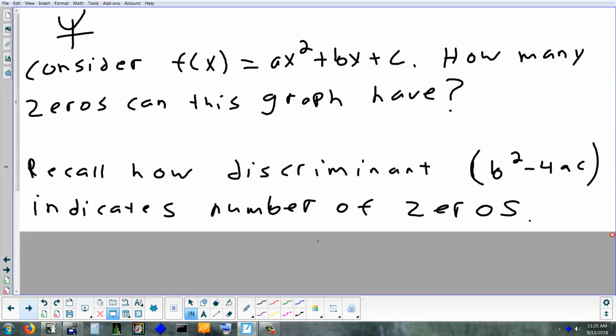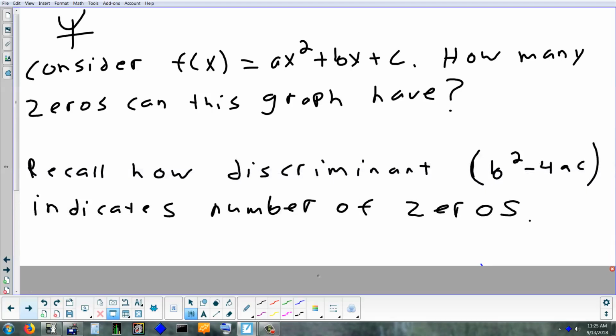Okay, so we talked about how the discriminant, that's the thing under the square root, the b squared minus 4ac, can tell you how many roots you have. Remember, if the discriminant came out negative, you have no real solutions, and we're just talking real numbers. If the discriminant equals 0, you have one solution, and if the discriminant is greater than 0, you have two solutions.